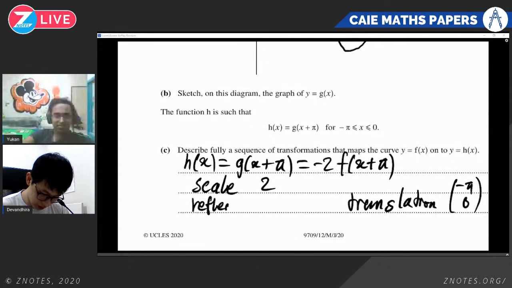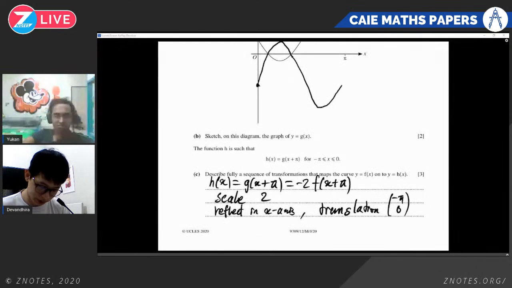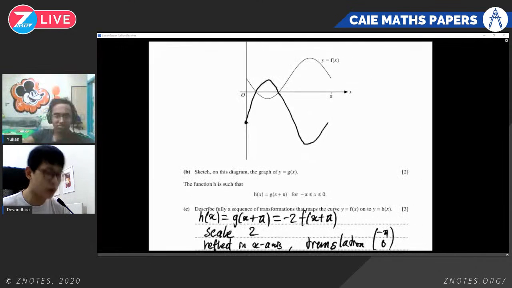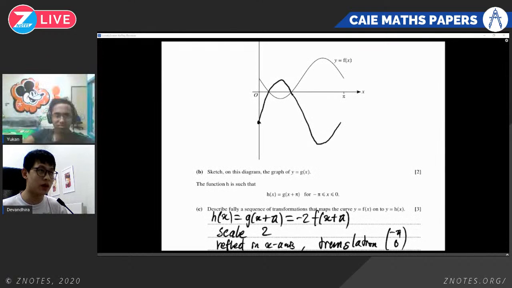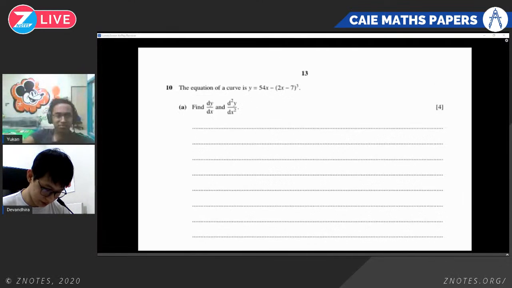Reflect in x-axis. Okay. Is it okay now? Okay. Thank you for that. Now let's move on. Any more to add, by the way, before we move on? No, that's it. Let's move on then.